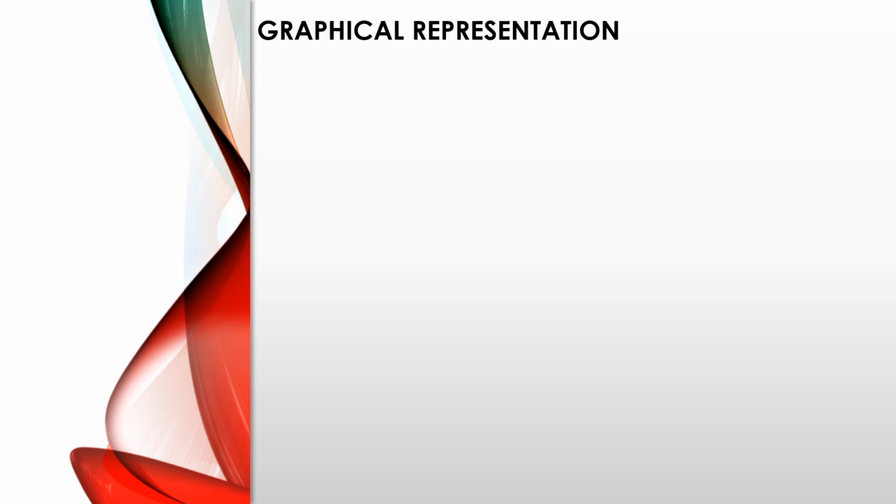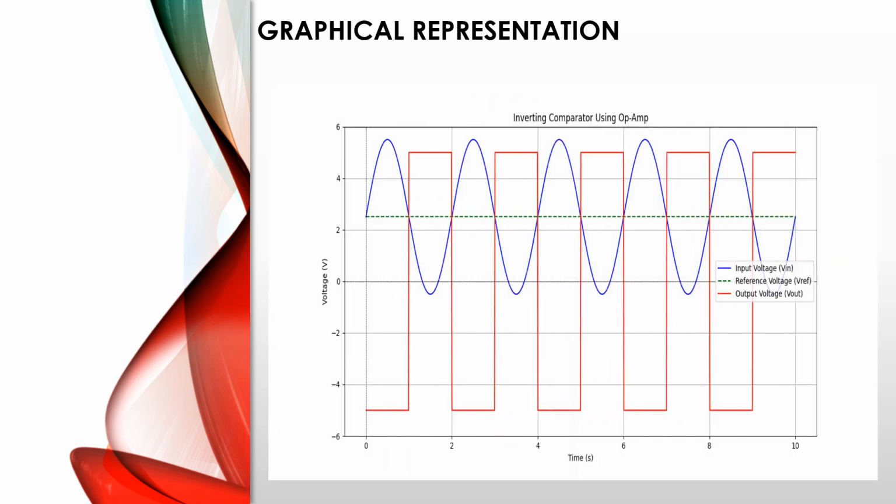Now, what is the graphical representation of the inverting comparator circuit? This is the graphical representation, where the blue solid line represents the input voltage, the dotted green line represents the reference voltage applied at the non-inverting terminal, and the red solid line represents the output voltage.